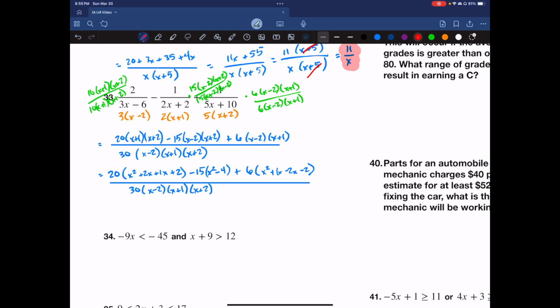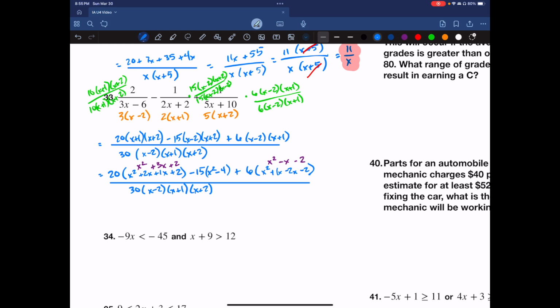Okay, this is going to be x squared plus 3x plus, let me do that differently. It's going to be x squared plus 3x plus 2. This is going to be x squared minus x minus 2.